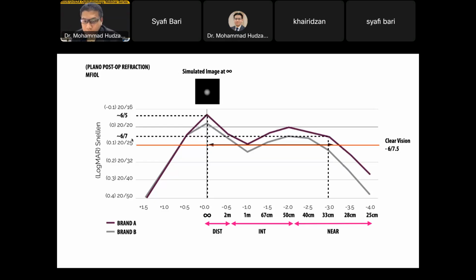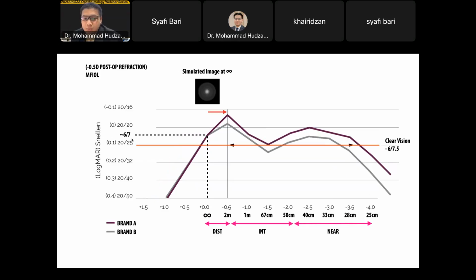Okay? But if let's say we miss the target of refractive aim, and then we implanted patient and patient had a residual minus 0.5 post-op refraction. So the defocus curve will shift to the right because the infinity now is at minus 0.5. So the focus of all range of focus now is shifting to the right.